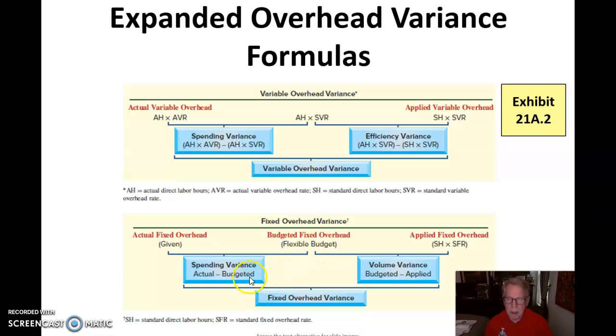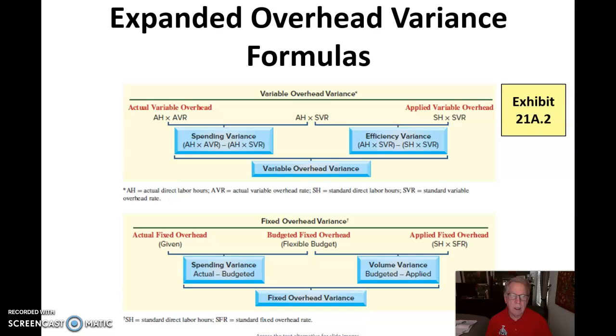And similarly, for the fixed overhead, we do the same thing, but we call that spending variance, just like we did for the variable side, but volume variance for the fixed overhead. So together, that represents our fixed overhead variances and our variable overhead variances.